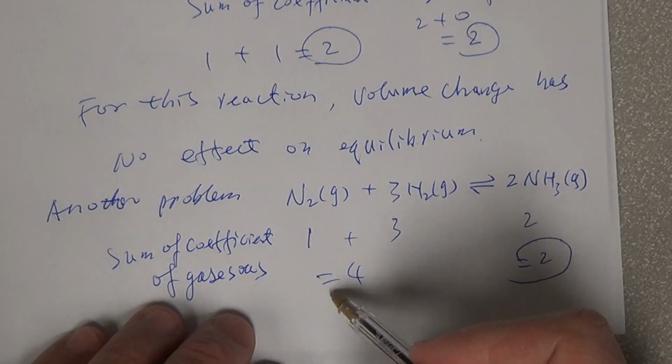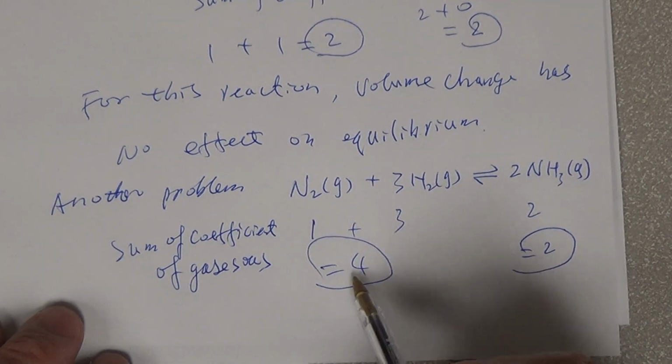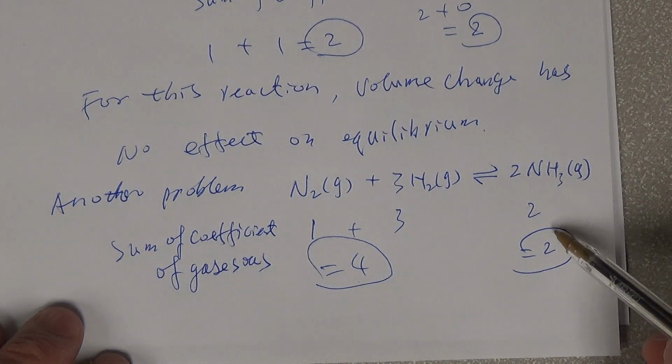So now you compare 2 and 4. Okay? So the left side has more gases, the right side has less gases.